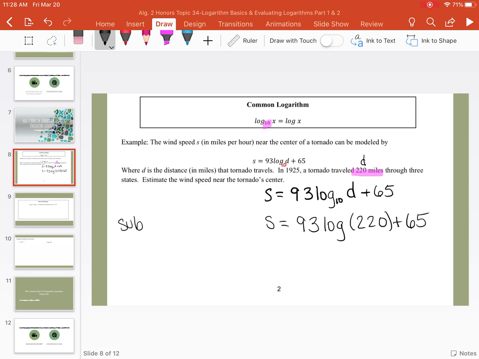We are substituting 220 for D in our function. So what we need to do now is use a calculator. You can use Desmos, you can use your graphing calculator if you have that on, but as soon as you plug in log in a calculator, it is automatically assuming that you are using a base of 10, so you don't need to do anything here.